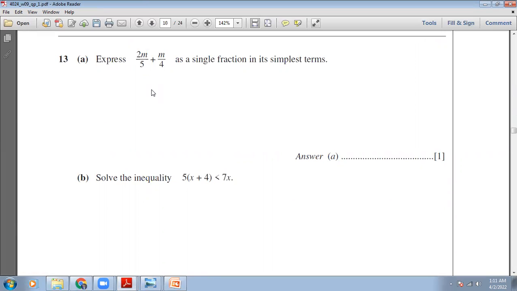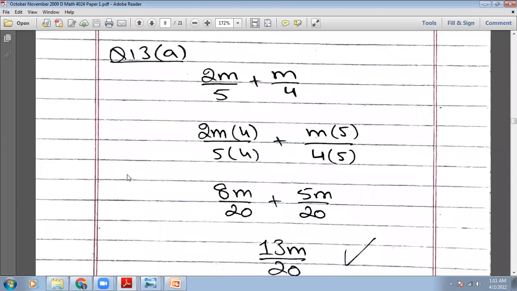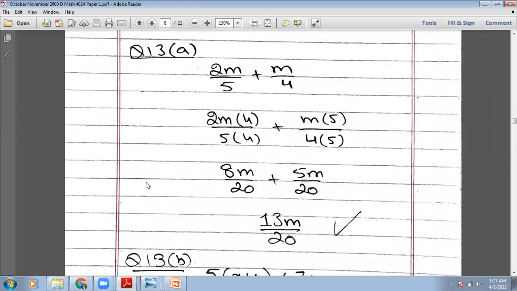Express 2m divided by 5 plus m by 4 as a single fraction in its simplest term. So there are 2 fractions. We have to add them. So we will make their denominators the same. So I will multiply the first fraction with the 4. Numerator and denominator both will be multiplied with the 4.